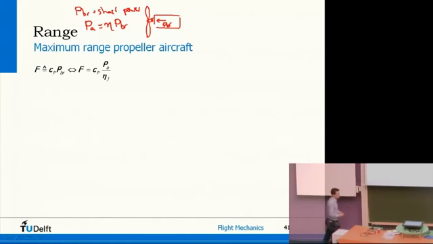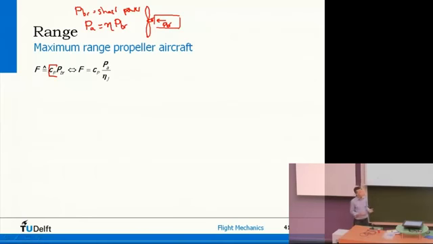So what we can say is, fuel flow is some kind of a parameter multiplied with the shaft power. You can imagine the more shaft power you want, the more fuel flow you have.